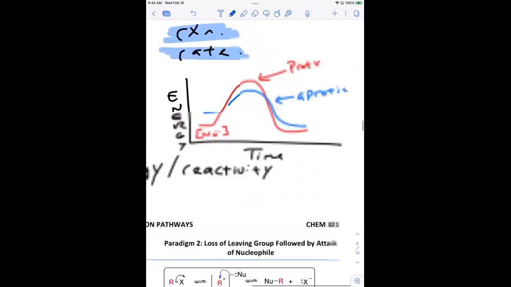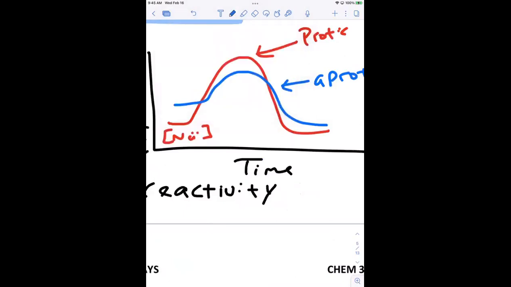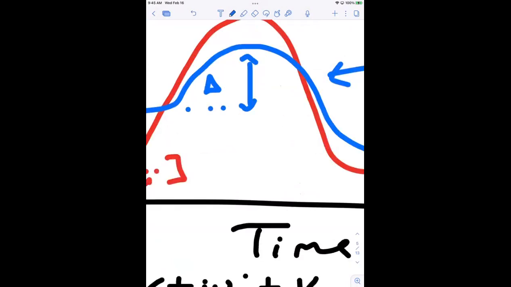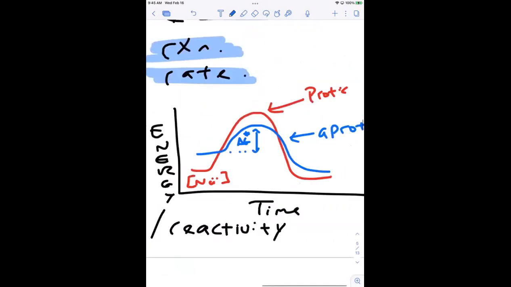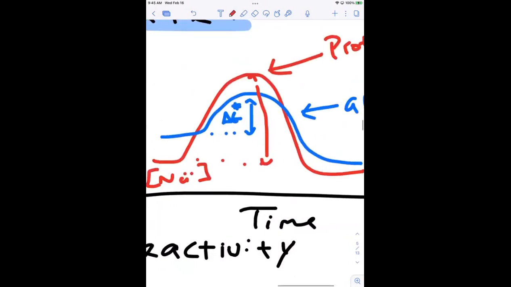Look at the difference in activation energy. For the blue curve, this would be delta G, the activation energy for that curve. And for the red curve, this is the activation energy.